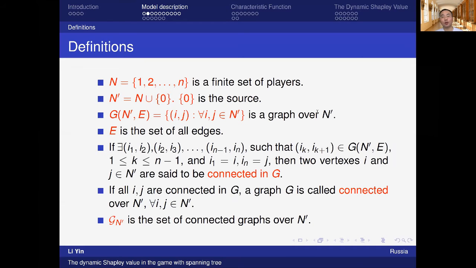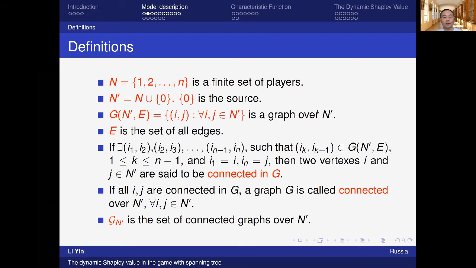Here are several important definitions. We assume in the game there are n players, and the source is denoted by set 0.